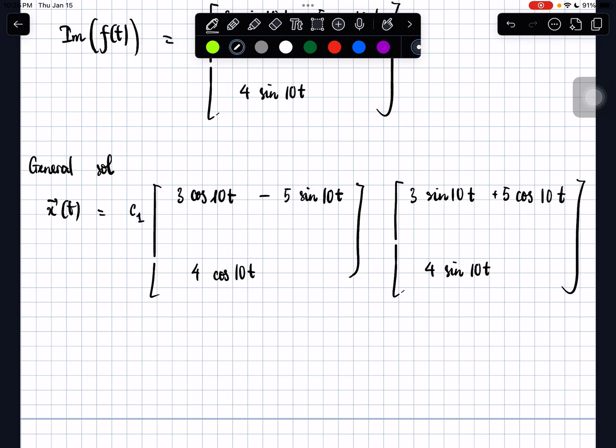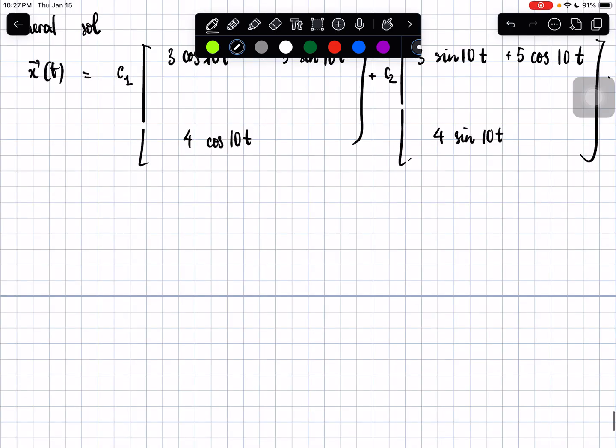C1 times this, C2 times this. In our case, here, we have imaginary eigenvalues. Then it gives us the ellipse.